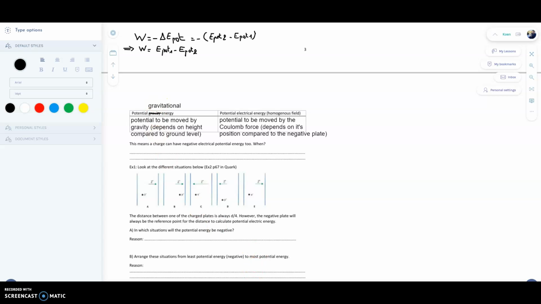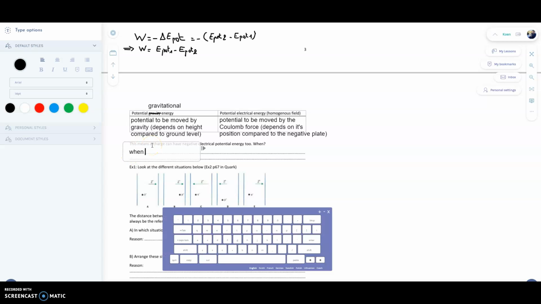When is that the case? Well, when I have to spend energy to move it to the negative plate. And when is that the case?